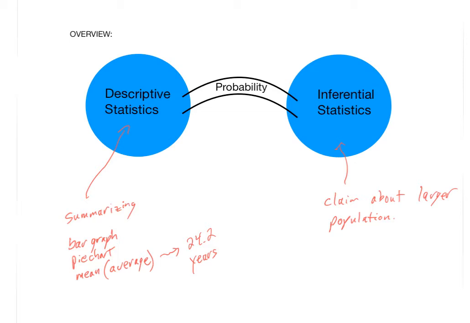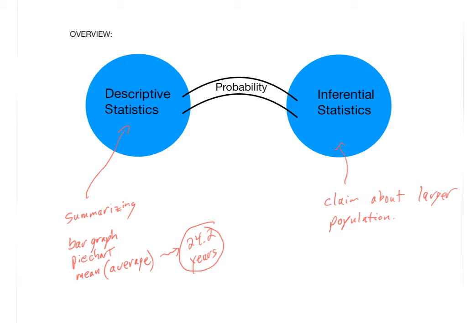And no matter what, unless you survey all of the college students, you can't be 100% sure that what you're saying is right. So if I want to claim that the average age of American college students is 24.2 years old, I'm not 100% certain that that is correct because I didn't talk to all of them. I only surveyed 15,000 of them.